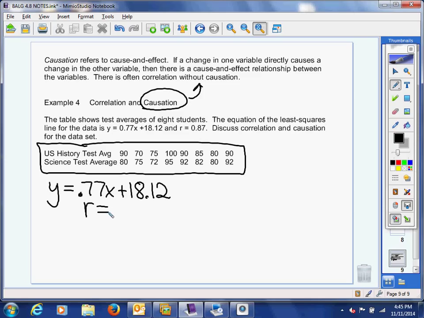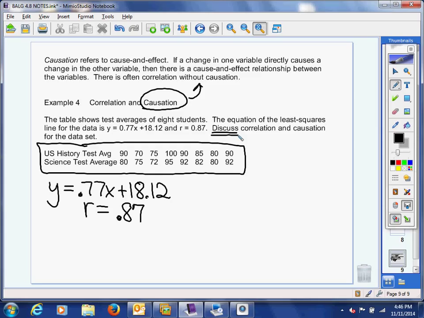Okay, so wonderful news. You don't have to plug anything into your calculator. They gave you the line of best fit, also known as the least squares line, and they also gave you the correlation coefficient.